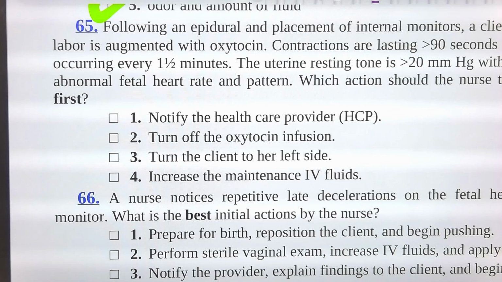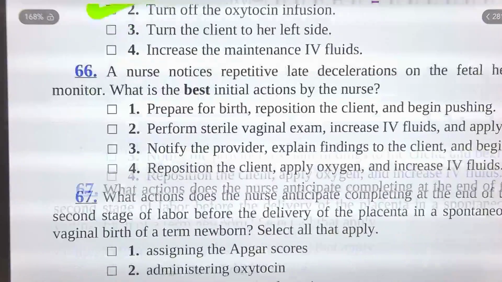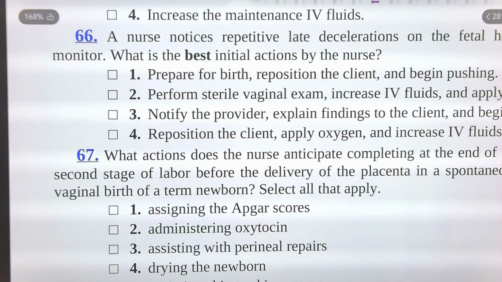Read all the options. What will be the right answer? So in this case, we can see the client is experiencing uterine hyperstimulation from oxytocin. तो हमारा first step क्या होगा? We have to turn off the oxytocin infusion. Let's read the next question.